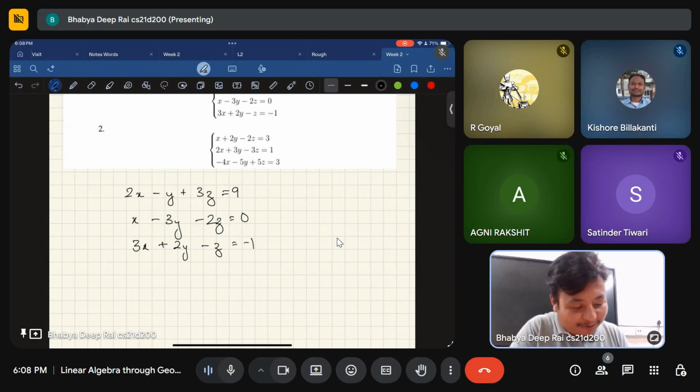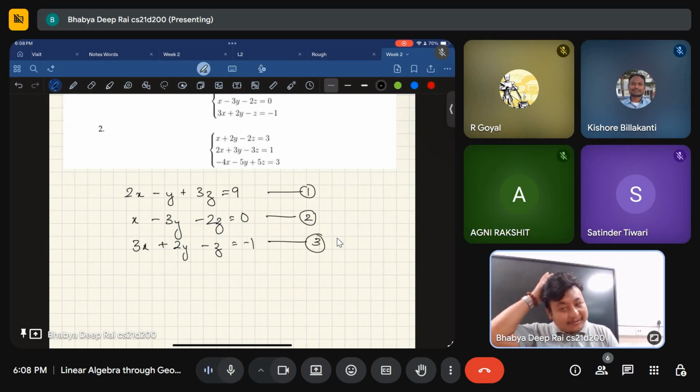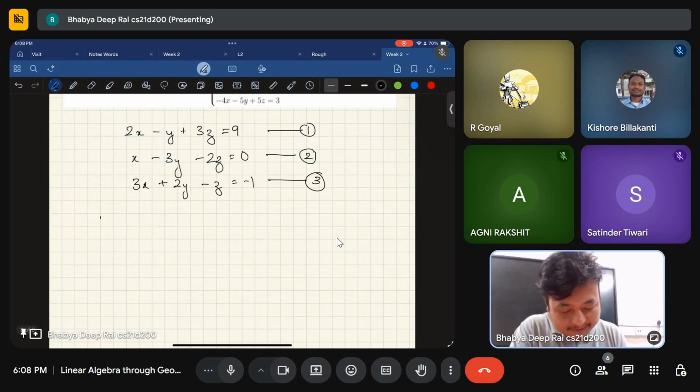So how do I do substitution? Well, what I simply do is multiply equation 2 by 2.